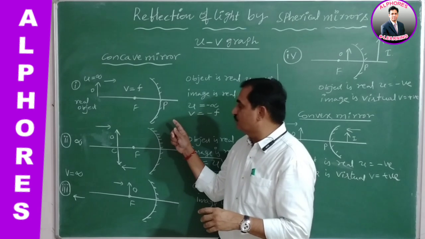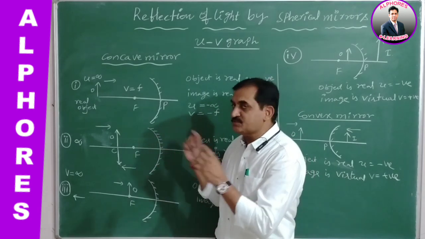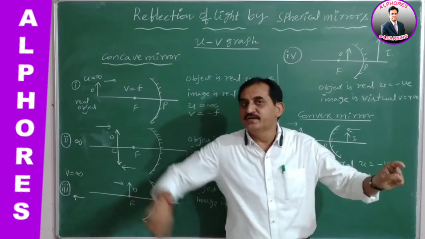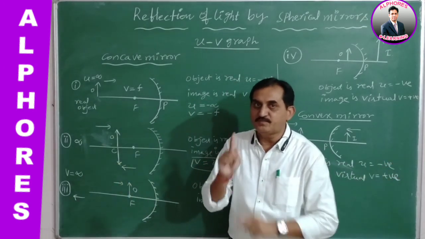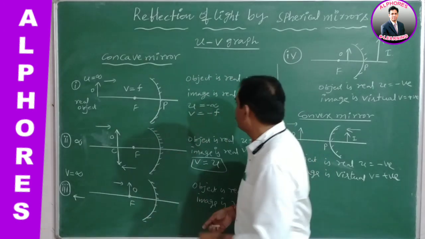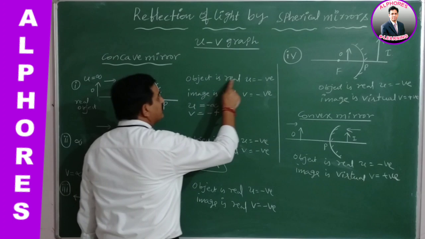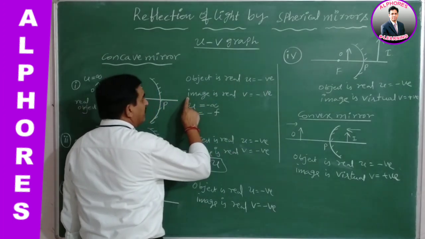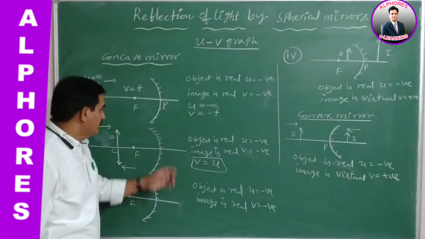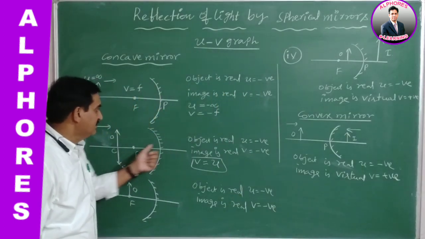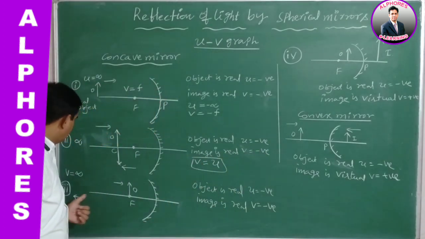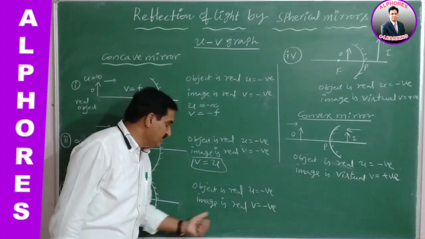As it approaches the mirror up to the focus point, when the object is anywhere in between infinity and the focus point, then its corresponding image is definitely a real image. Therefore, for a real object it is negative sign, and for a real image, also negative. So up to the focus point, object distance negative, image distance negative.